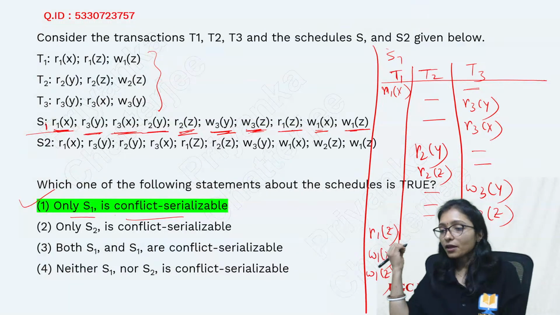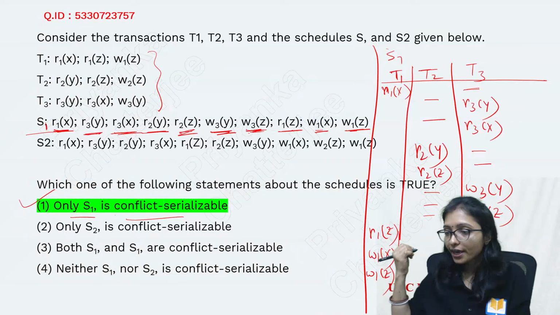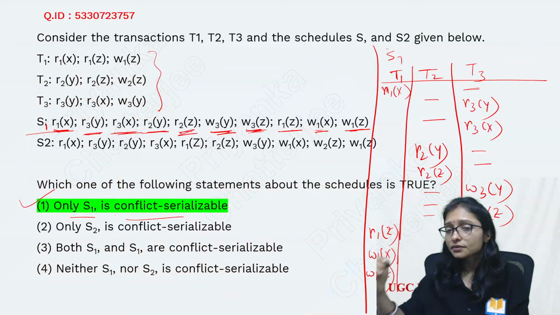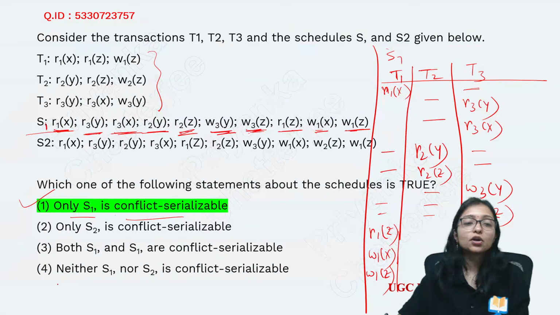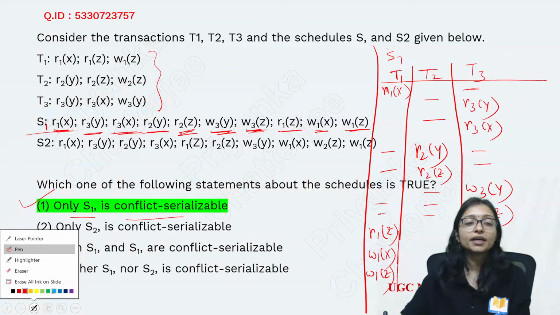This is the way you should write. If your writing is correct, then your answer will be correct, because then only your graph will be correct.